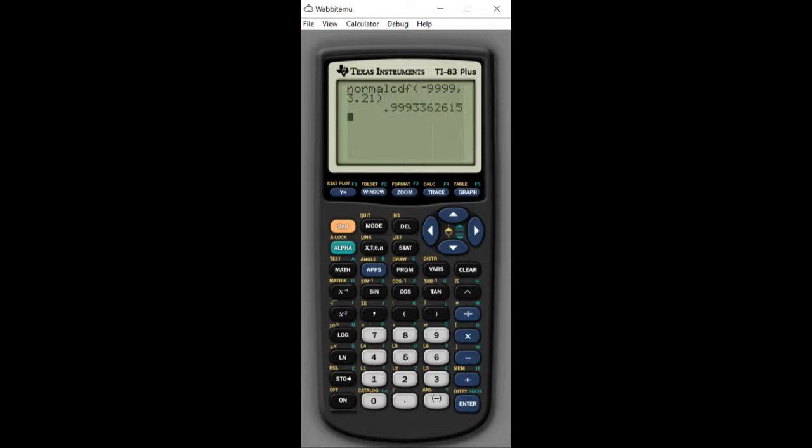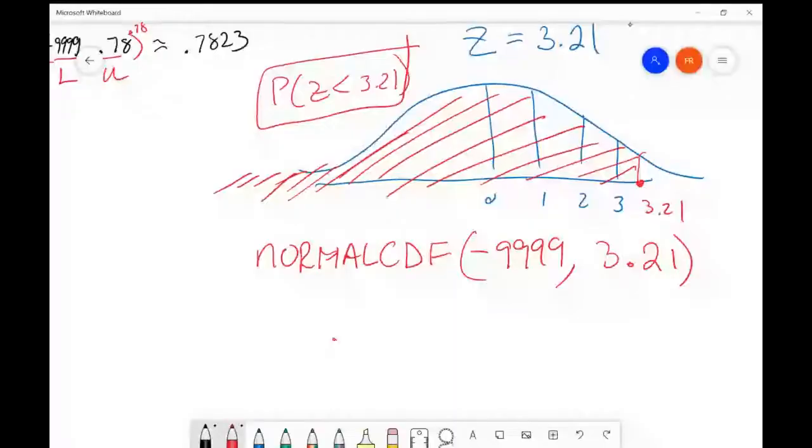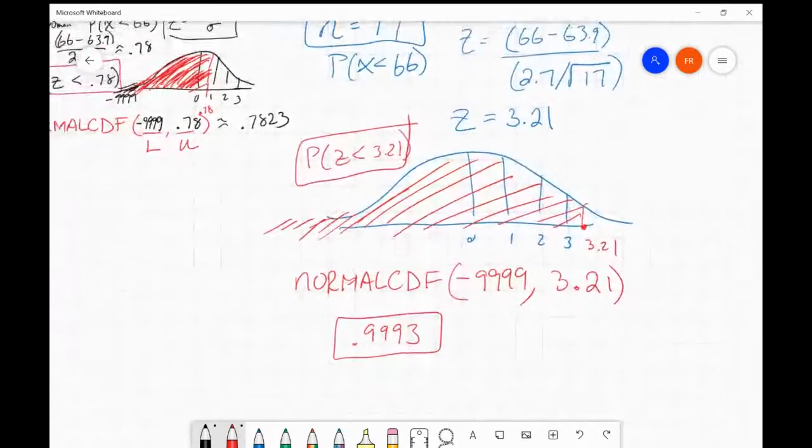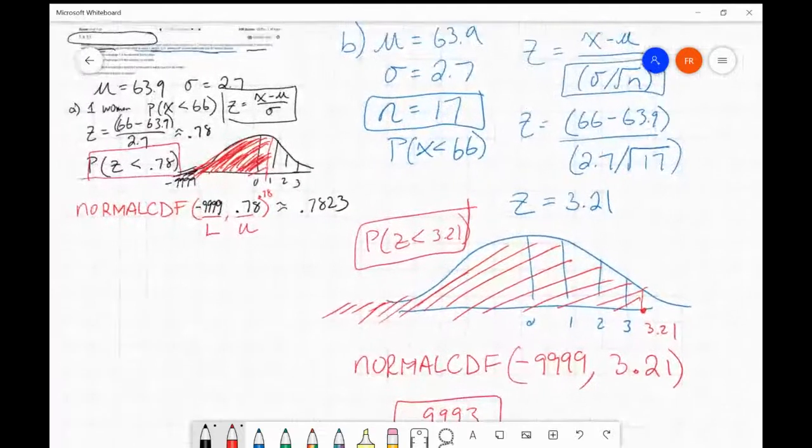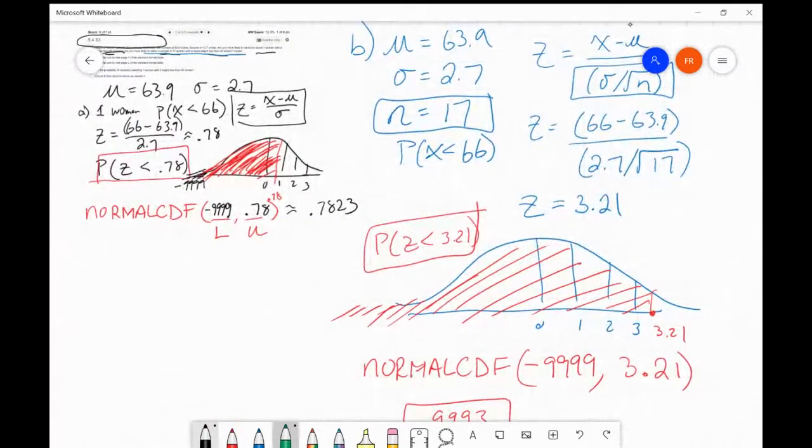And I'm going to hit enter. And if you notice, I'm coming up with 0.9993. So let's see. Come back over here and bring this in. And we said 0.9993.